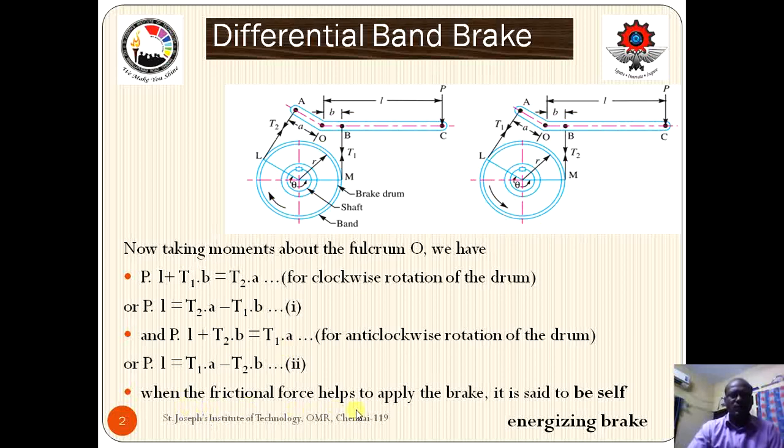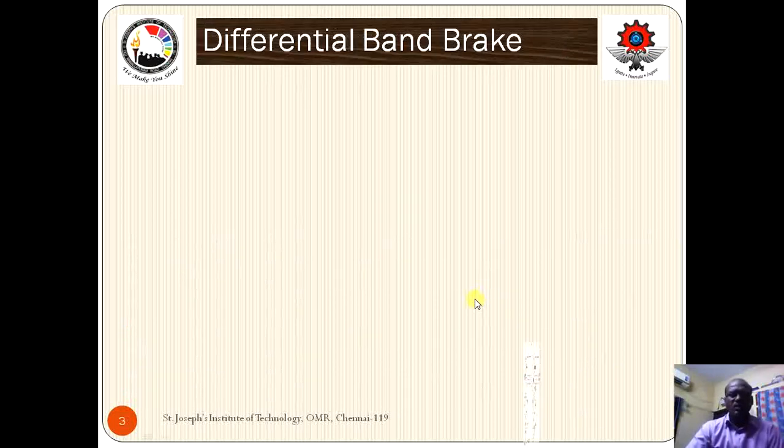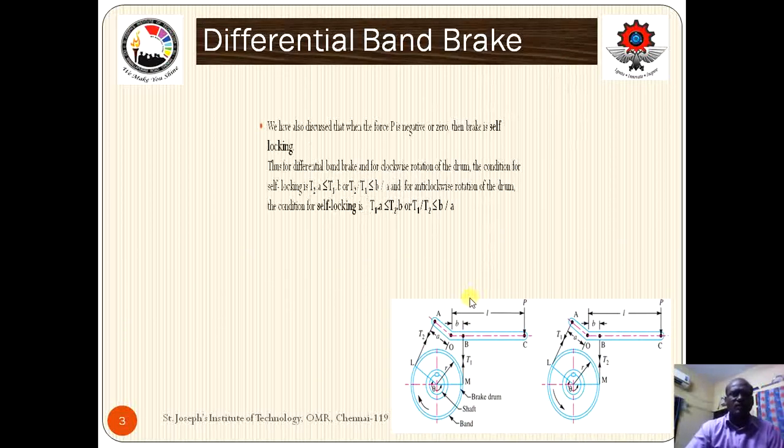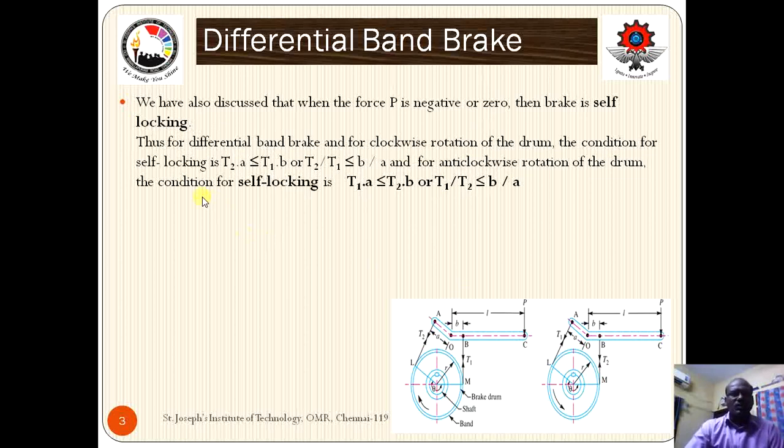The frictional force that helps to apply the brake is said to be self-energizing. Whenever the load is also helping, it is also a self-energizing brake. We will see what self-energizing and self-locking brakes are. We also discussed what self-locking is: even if you are not applying P, it still locks.